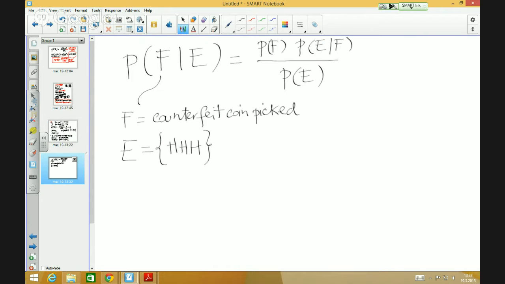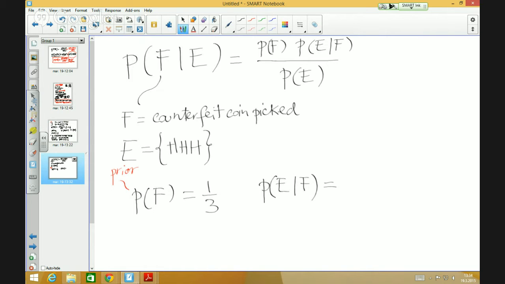Now, remember that P of F is our prior probability. What does this mean? This is the probability that I can assign to the fact that I picked the counterfeit coin when I picked it at random out of 3. That's 1/3. Okay, so what is the probability that I get head, head, head if I tell you you picked the counterfeit coin?